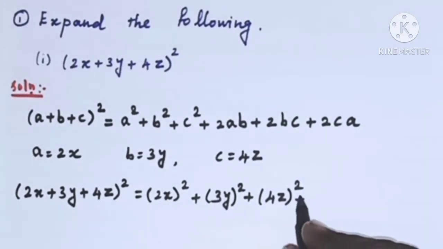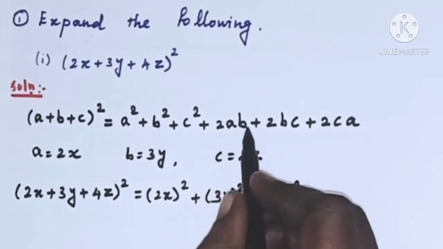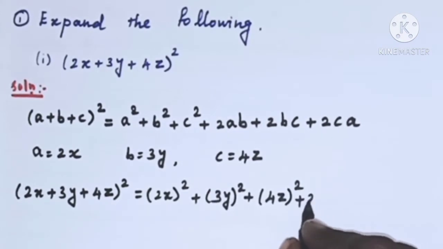A square plus b square plus c square we wrote here. Now plus 2ab, so write 2 here.